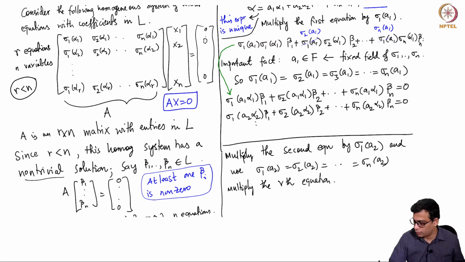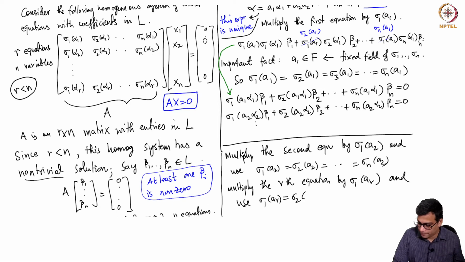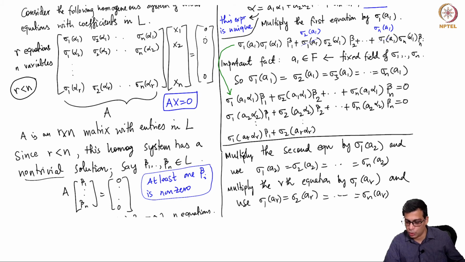So multiplying the Rth equation by sigma 1 AR, and using sigma 1 AR equals sigma 2 AR, which is sigma n AR, what I get is sigma 1 AR times alpha R beta 1, plus sigma 2 AR times alpha R. Originally it would be sigma 1 AR times sigma 2 alpha R, but using sigma 1 AR equals sigma 2 AR, I get this.